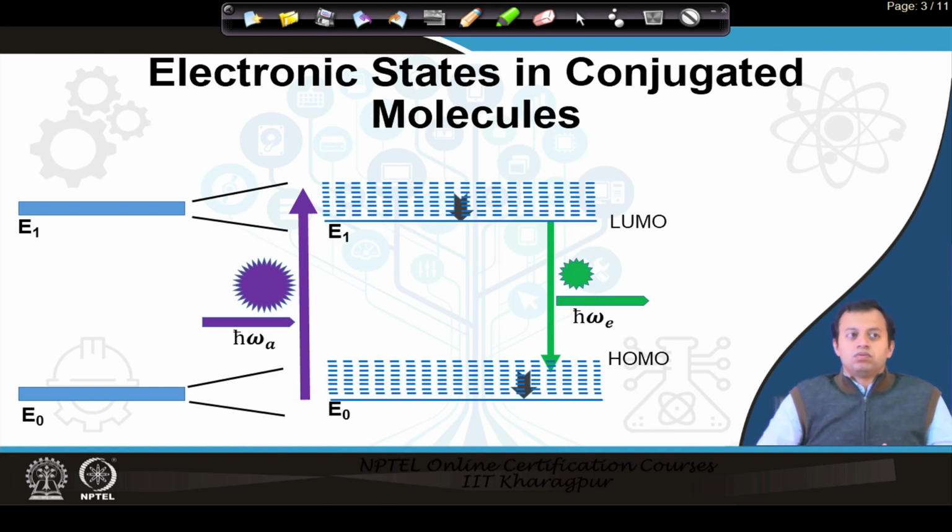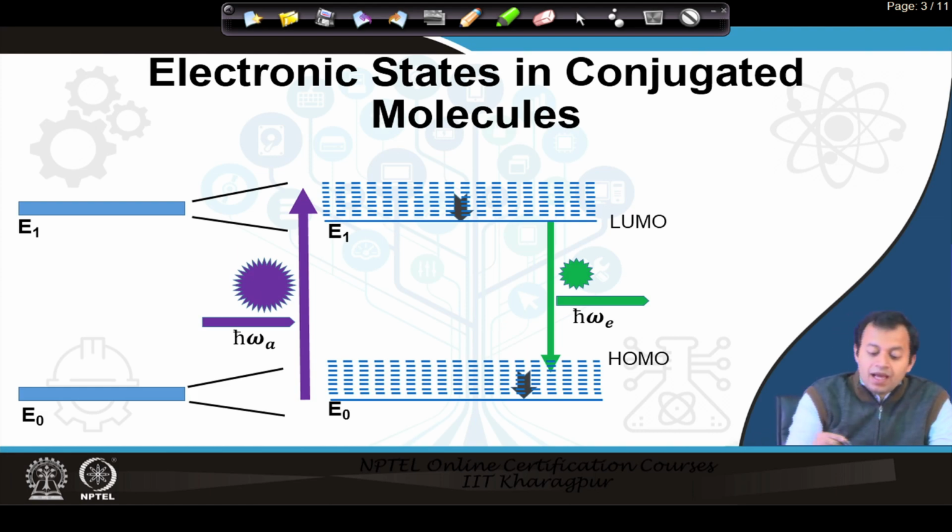In a majority of cases, the emitted photon is at lower energy, lower frequency than the absorbed photon, because the electron that has been excited by the photon has spent some of its energy roaming within the higher energy level, roaming within the lower energy level.